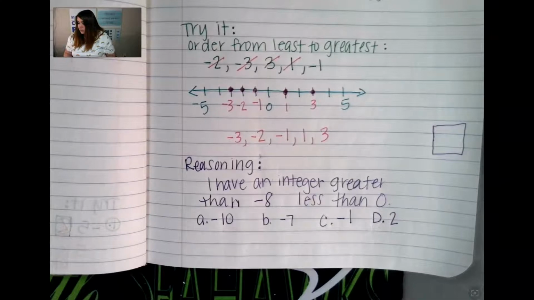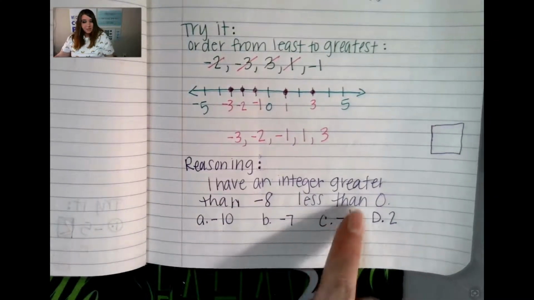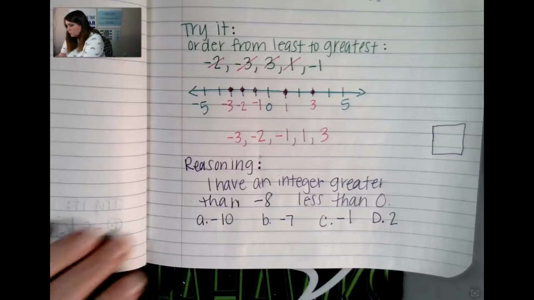All right, so it is greater than -8 and less than 0. So it's greater than and less than. I need a different pen that's going to work. Let's try this one.